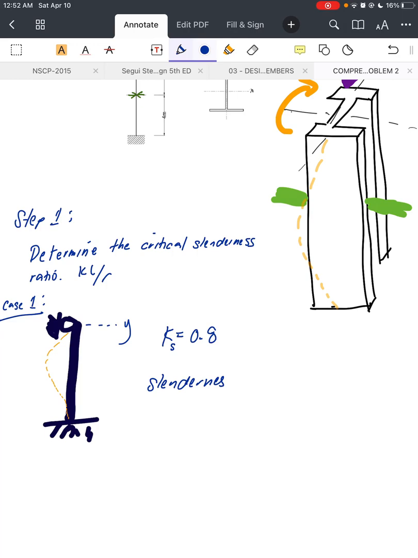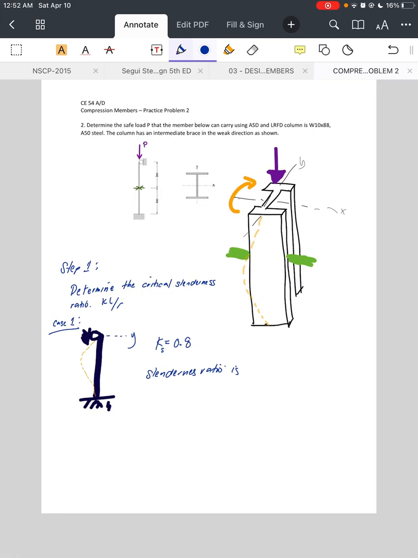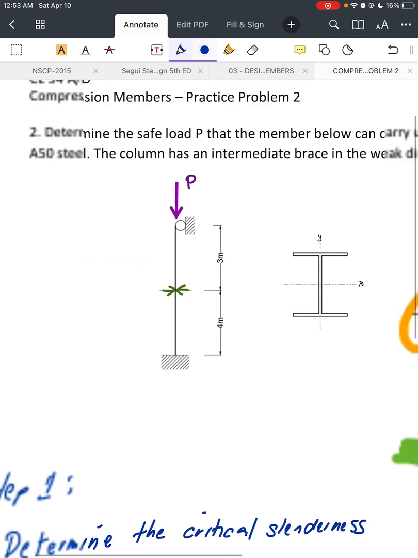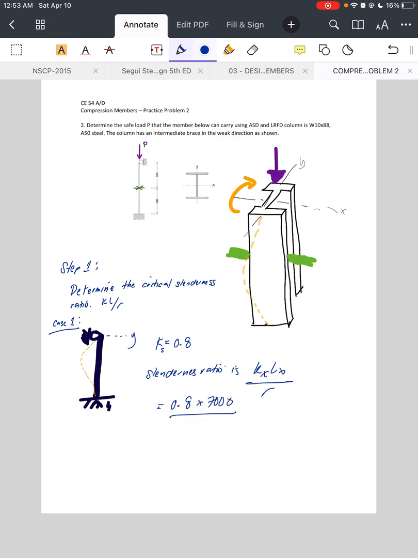Okay. Now, your slenderness ratio is, so you have your 0.8 for the K times 7,000 because your length for the whole column is 7, so 4 plus 3, so you have 7,000 over the radius, which is 115.